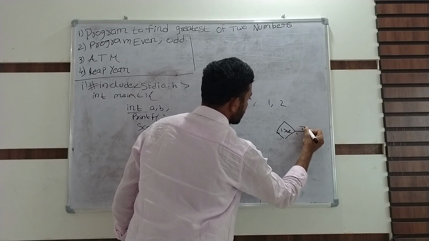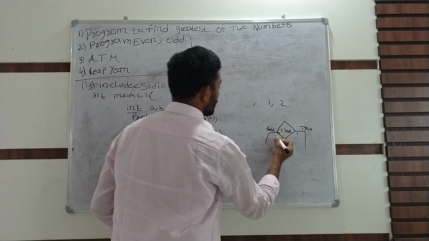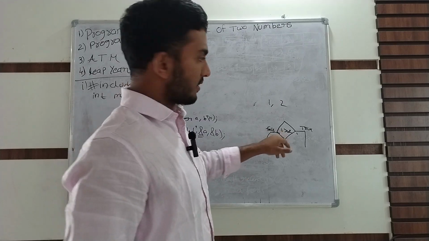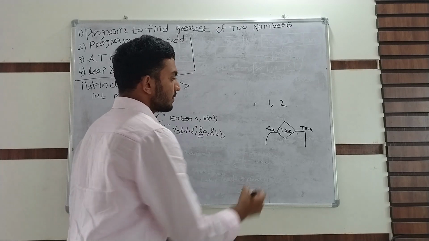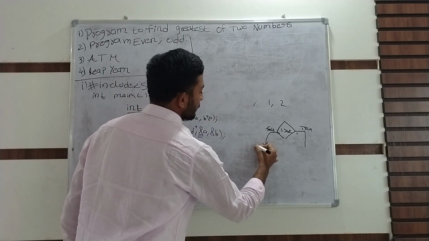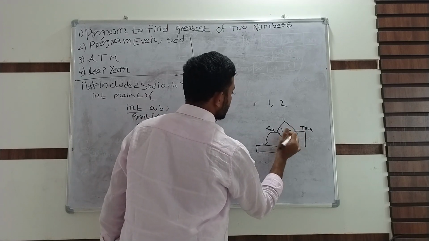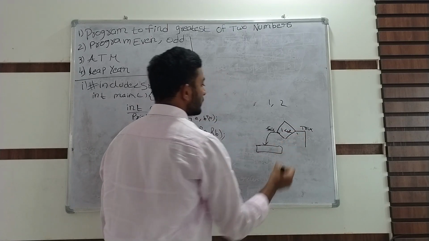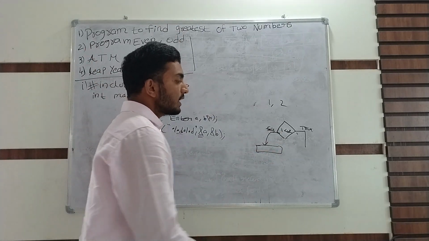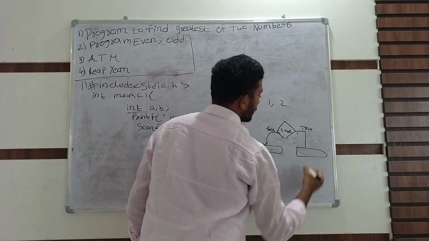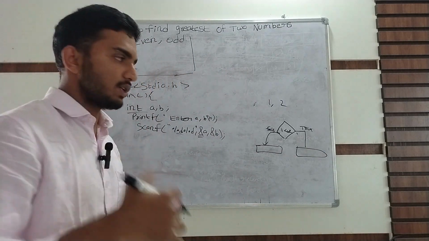This is the true side, this is the false side. 1 is greater than 2 is a false condition. That's why the false block will be executed. If it is 1 less than 2, yes, 1 is less than 2, it's the correct condition. That's why the true block of code will be executed.